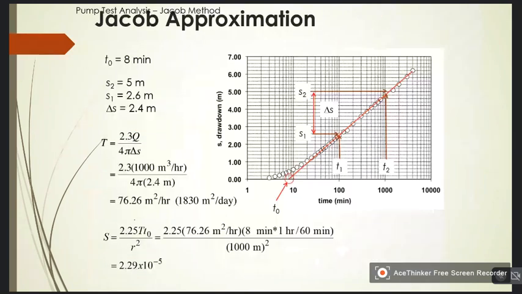Okay. So these are the calculations. Here T naught is 8. This is 10. Then S2 is 5 and S1 is 2.6.